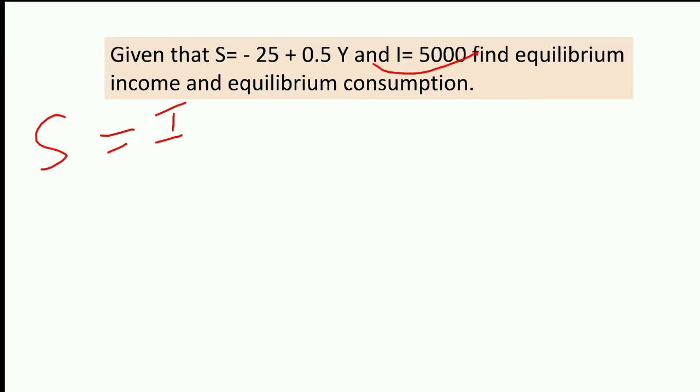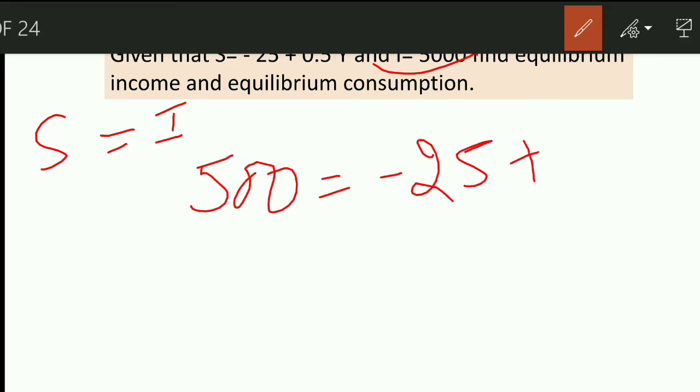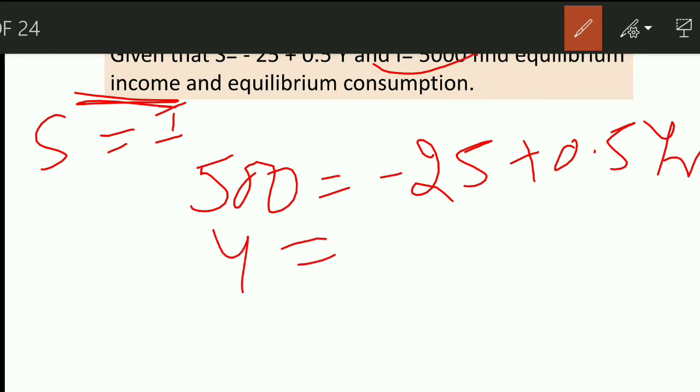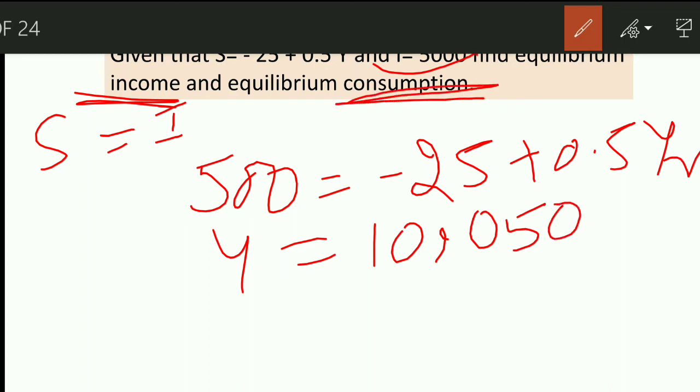So since saving is equal to investment and investment over here is given to us as 5000, it means that 5000 is equal to minus 25 plus 0.5 Y. Now by solving this you can easily get the value of Y. That is what we have to find first. And if you solve it, you will get Y is equal to 10,050.